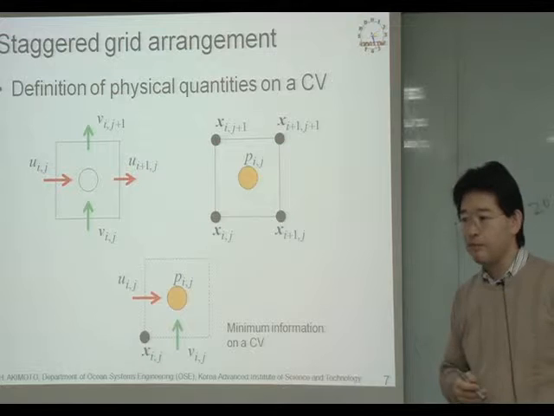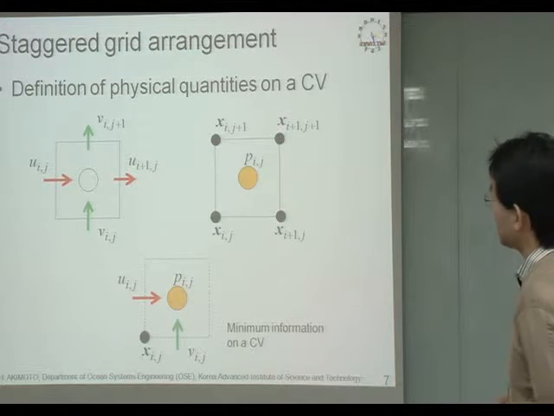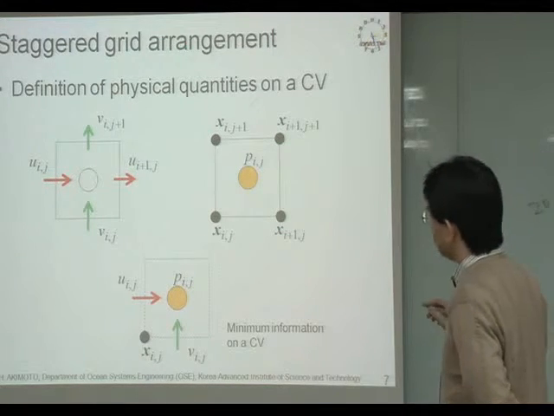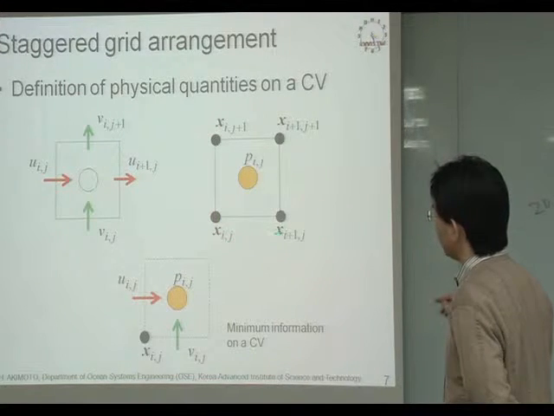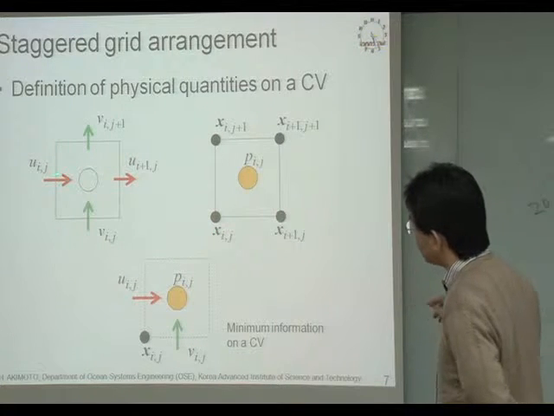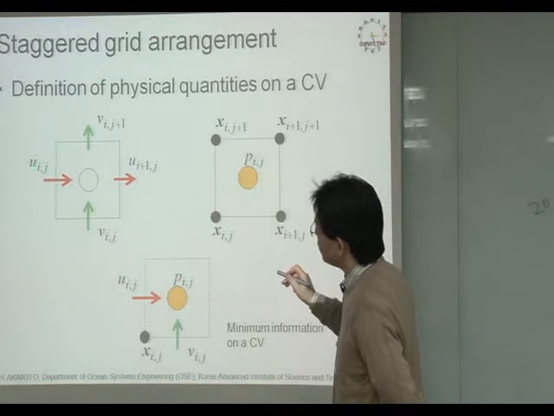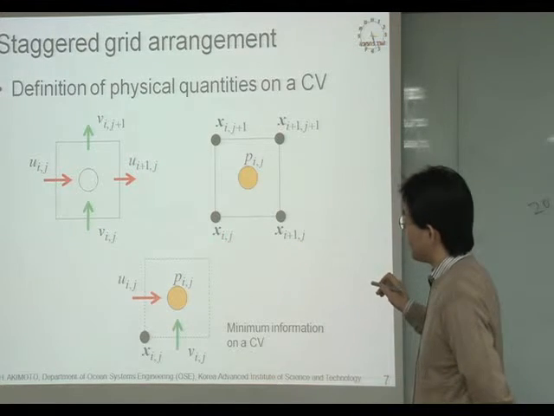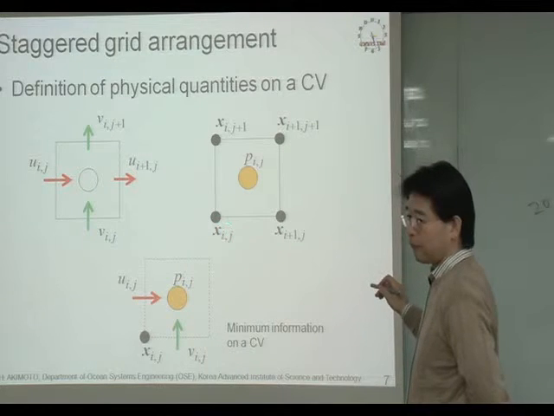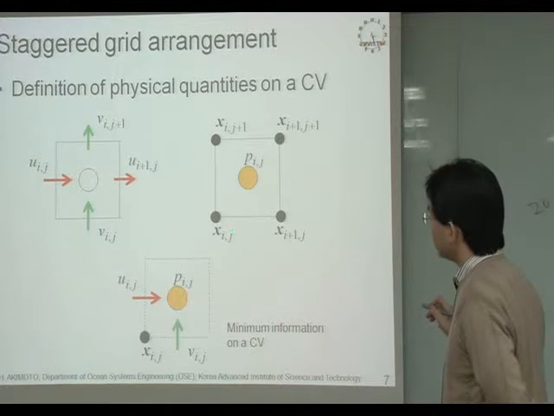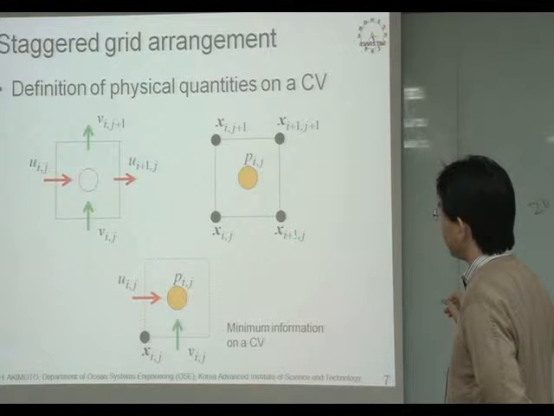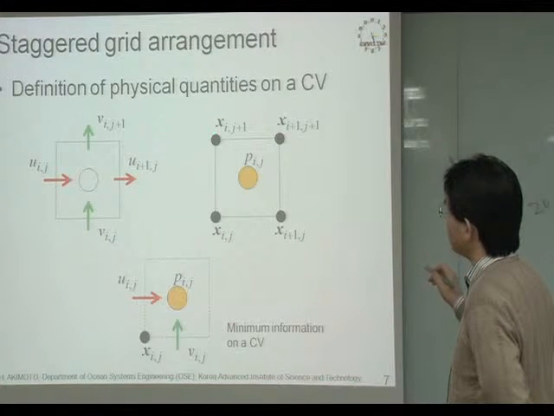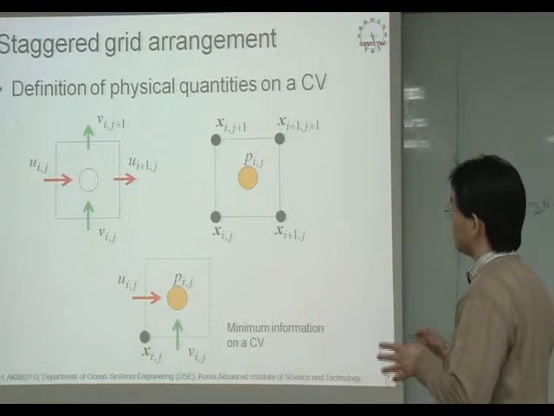In this two-dimensional case, it is by 4 points. In this definition, it uses x_ij. Please see, this one is a scalar component, but in this case, x is a vector because it is a position vector. These 4 points are (i,j), (i+1,j), (i,j+1), (i+1,j+1). These 4 points define the control volume.